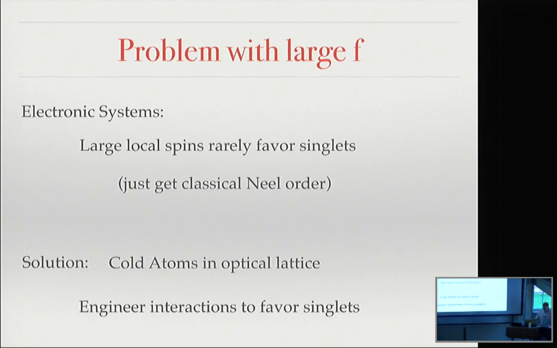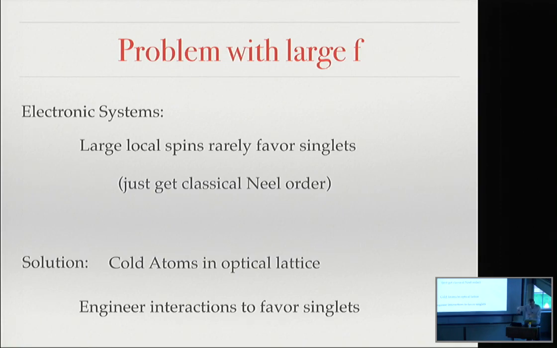Okay. The problem with going to large f is that if you look in electronic systems, which have some local spin, some moderately large f, the types of interactions you naturally get are not ones that favor singlets, but rather ones that favor a more classical Néel order, typically. And you can kind of understand this: one of the major sources of interactions between the spins is really exchanging a fermion, and that changes your local spin by like 1.